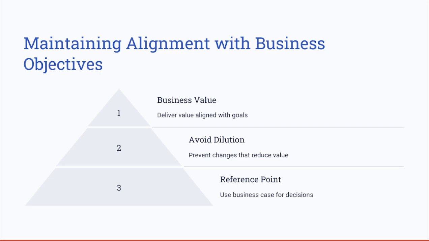If changes do not add measurable business value, they shouldn't be considered. So as a project manager, ensure that the project delivers value which aligns with the business goals, and avoid any scope changes that might alter the alignment of these business values. Use the business case documentation as a reference point for scope decisions.